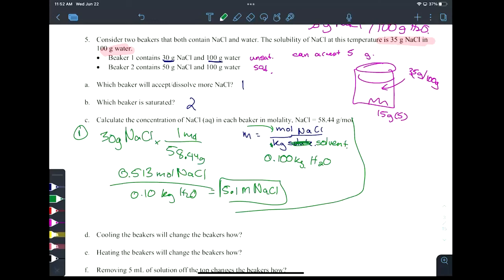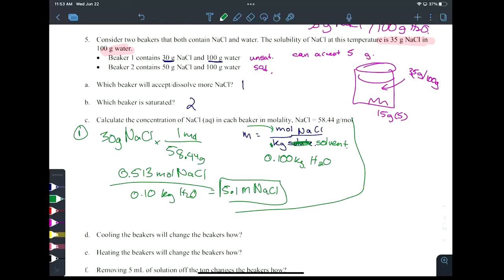So the idea here is in beaker 1, all 30 grams of salt are floating in the water. There's nothing at the bottom. But what's different with beaker 2 is that not all 50 grams of salt is dissolved in the water. We already described what beaker 2 looks like. It looks like 35 grams dissolved, 15 on the bottom.